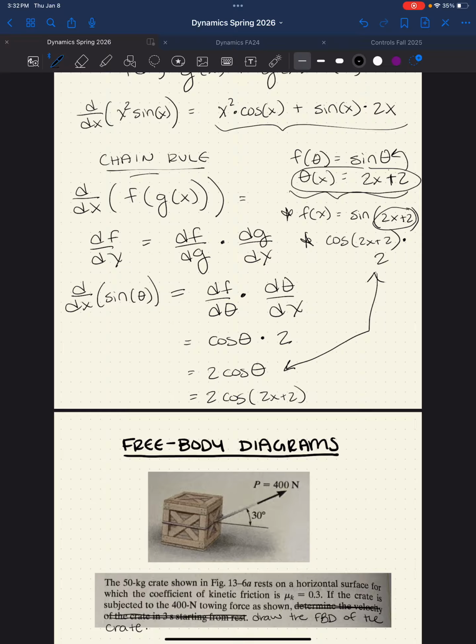There are engineering problems in which you have to do many chain rules, and substituting back in every single time is just not going to be feasible, or the math is not going to be as clean as doing the chain rule in this way. Okay, so I'm going to try to avoid doing that substitution trick.